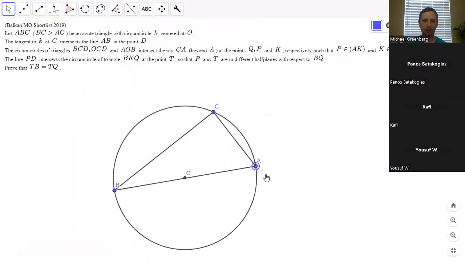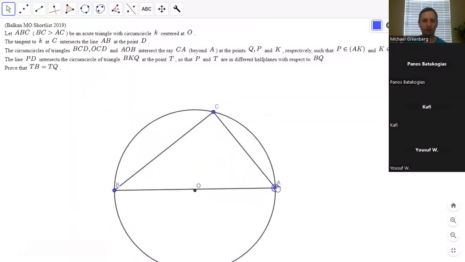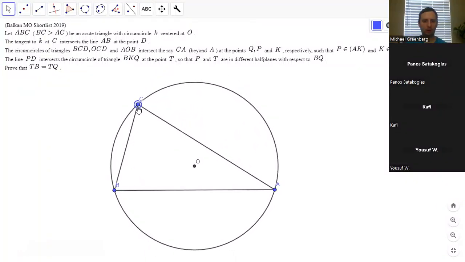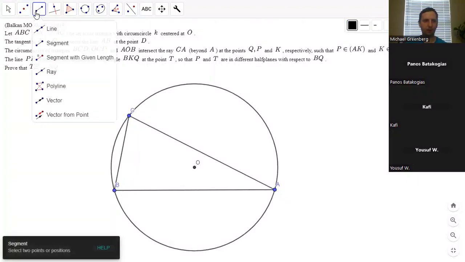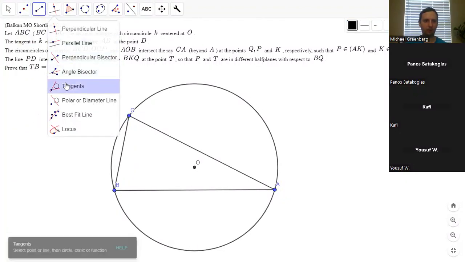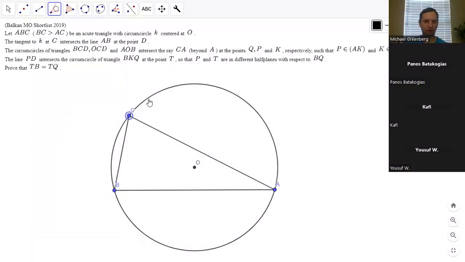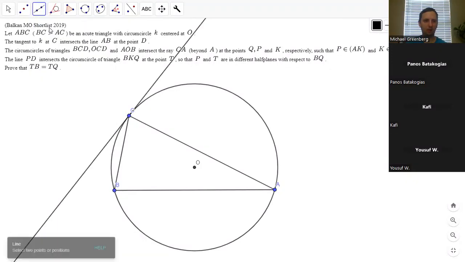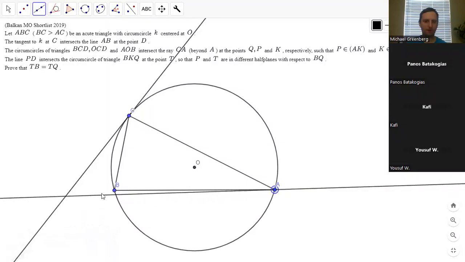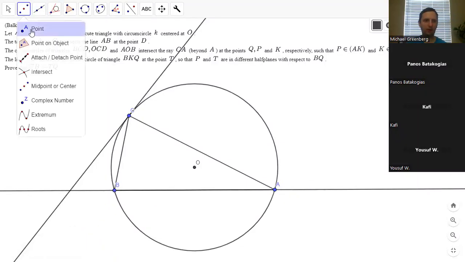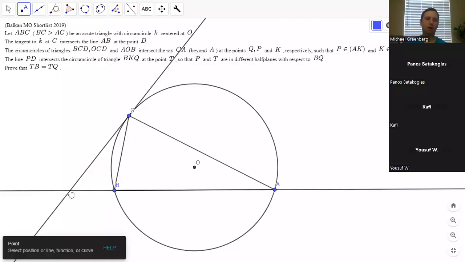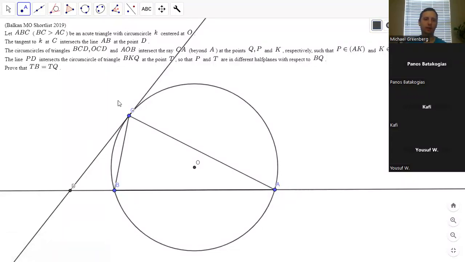And it intersects AB at the point D. This is point D. And it's well known that that forms the harmonic bundle with these segments and the symmedian, so I use that a lot.